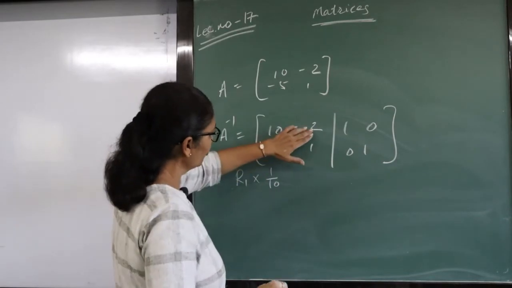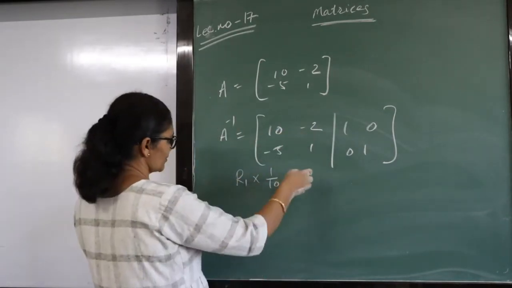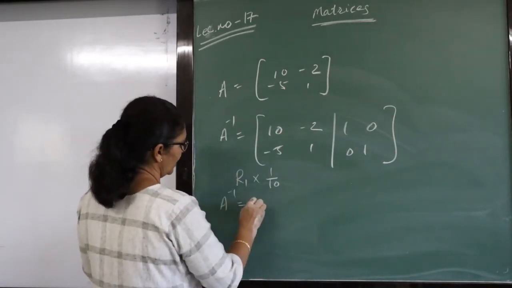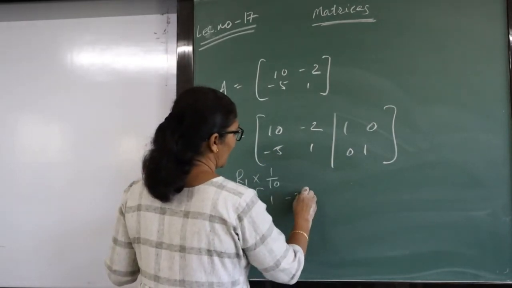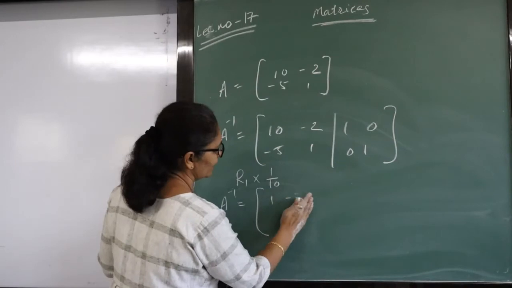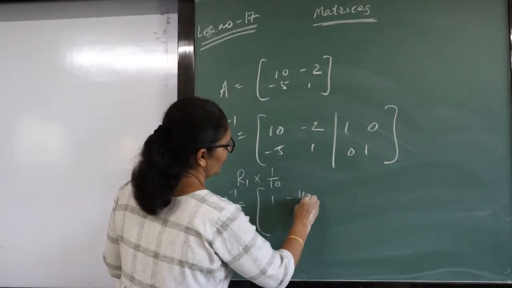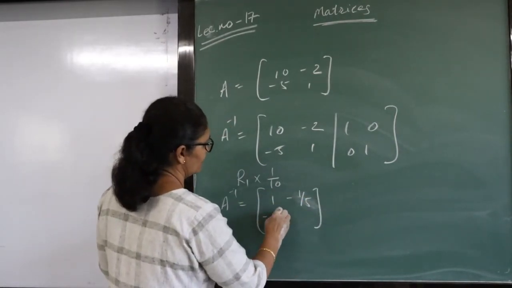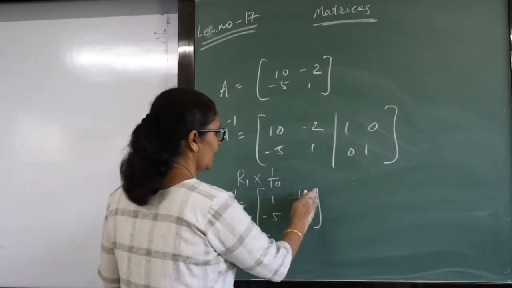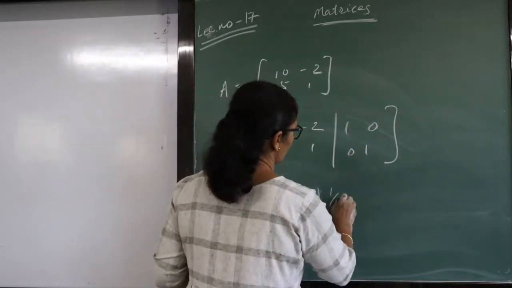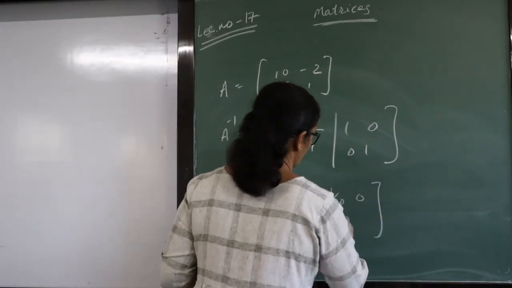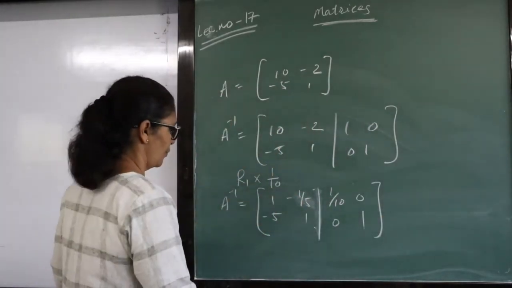Either you can remove this term also, but let's start with this. So for A inverse, if we divide it by 10, this is minus 2 by 10. Minus 2 by 10 can be written as minus 1 by 5 also. Minus 5 and 1. Okay, I have to make a change here also: 1 by 10 and 0 and 0 and 1. This is the first point.